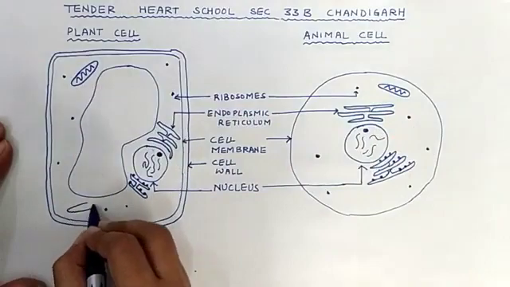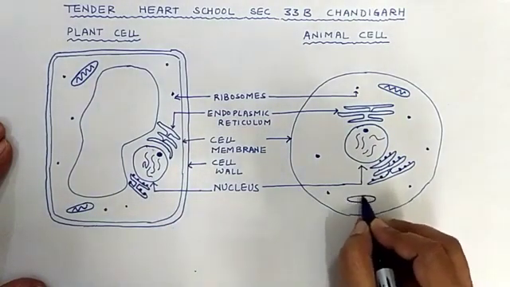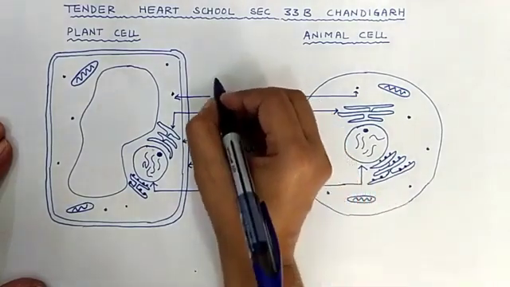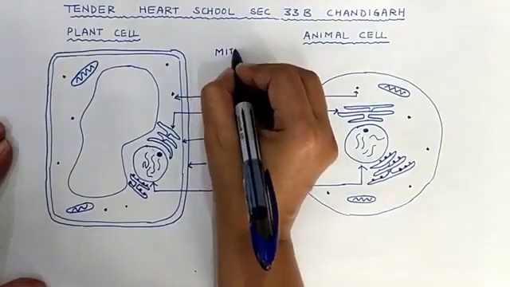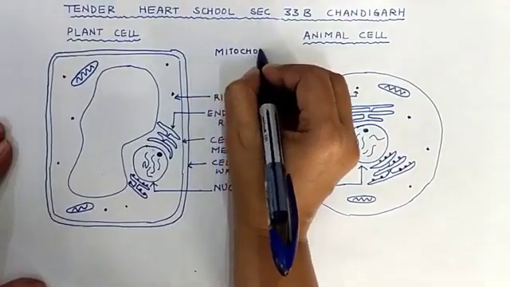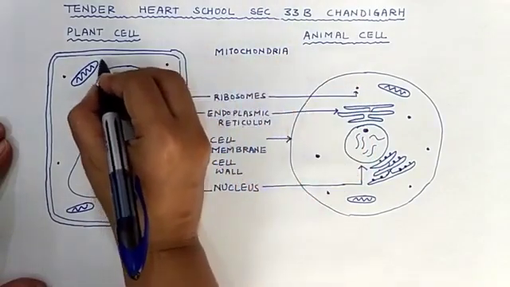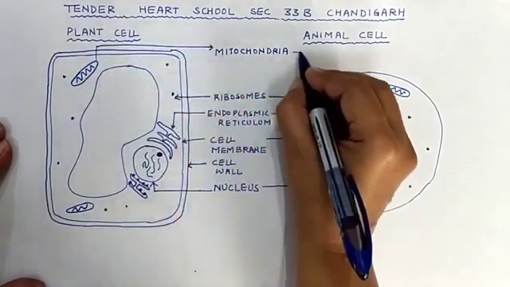So one or two mitochondria you can show here. Mitochondria are the powerhouse of the cell, which provide the cell with energy. So let us label here. Mitochondria, right? So this is the mitochondria.